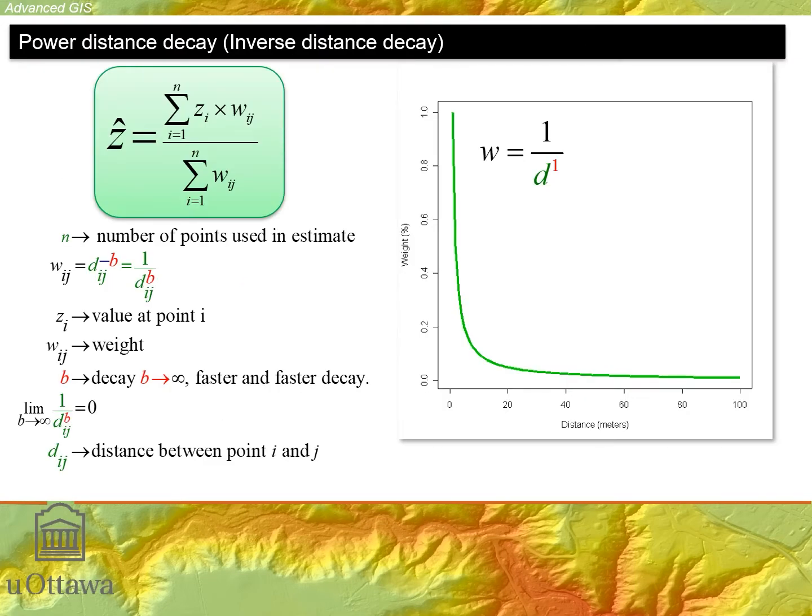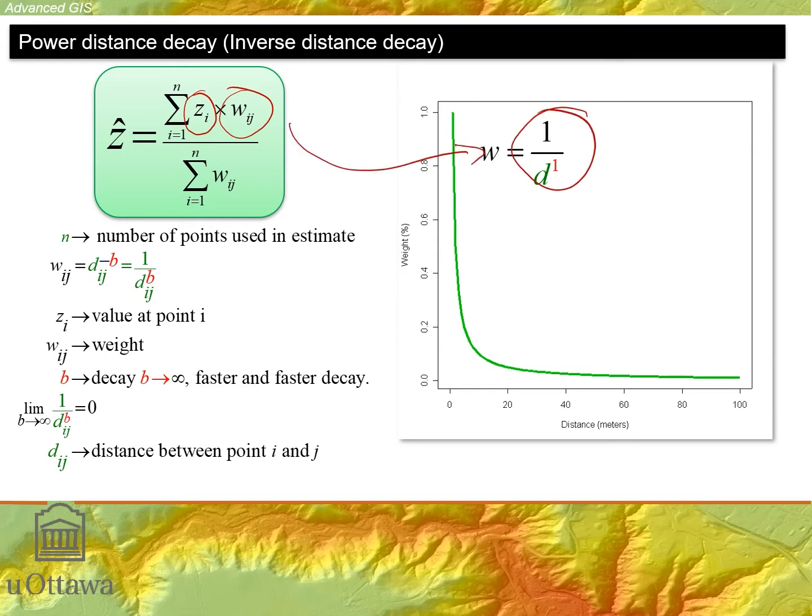So inverse distance decay or inverse distance methods are based on this model here of change of value with distance. And they're pretty straightforward. It's just a weighted average of the values that have been measured around the value to be estimated, times the weight associated with each of the values, and the weight comes from this equation here.